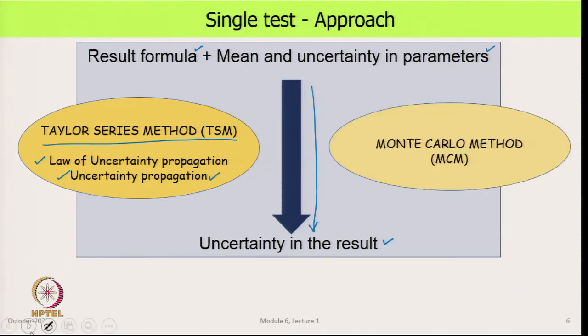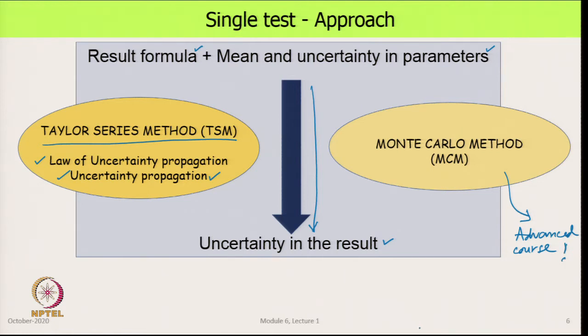The second approach that we have is what is called the Monte Carlo method or the MCM. This is a little more advanced technique, so we do not do this in this beginning course. This is left for an advanced course in uncertainty analysis.